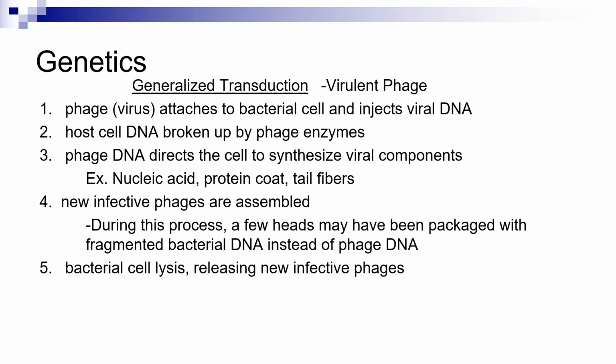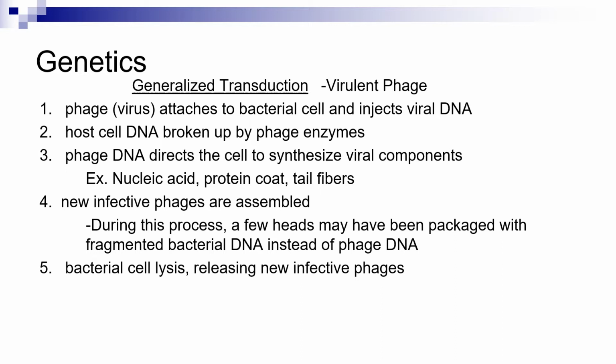The virus needs a bacteria in order to use its cellular processes. But it doesn't want the competition for making proteins for the bacteria to interfere with making new viruses. So one of the first things that the virus is going to do when it infects the bacterial cell is it's going to chop up the host DNA.